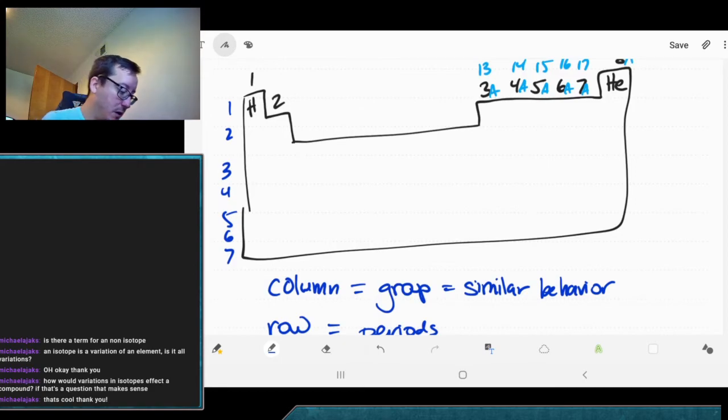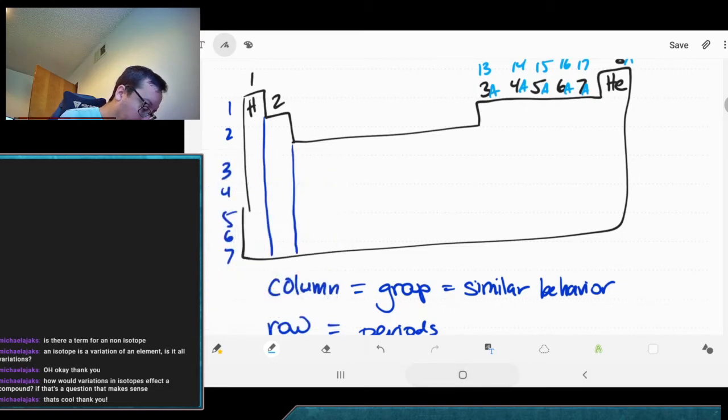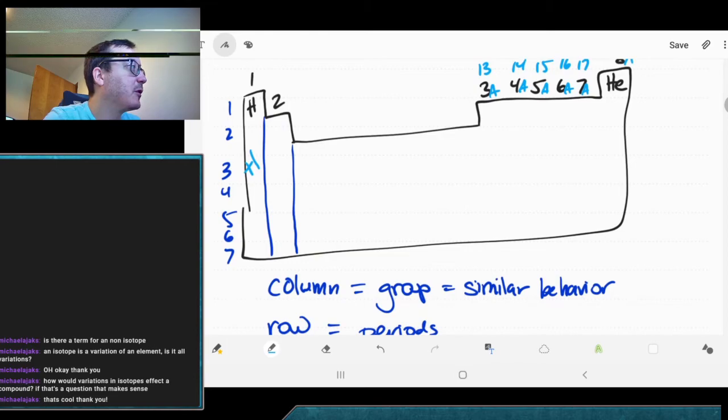So, if we look at these columns, things in this column tend to form a +1 charge. Things in this one tend to form a +2 charge. Those are the numbers of electrons that they like to lose in order to become happy. So things in that first column tend to lose 1 electron when reacting, and things in the second column tend to lose 2 electrons.